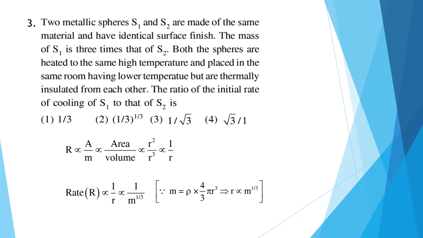So that means that the rate is inversely proportional to mass to the power 1 by 3. Now as the mass ratio is given 3:1, that means that the ratio of initial rate of S1 to S2 will be (1/3)^(1/3). So the correct answer will be option 2.